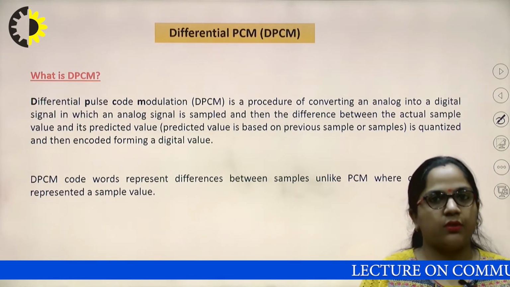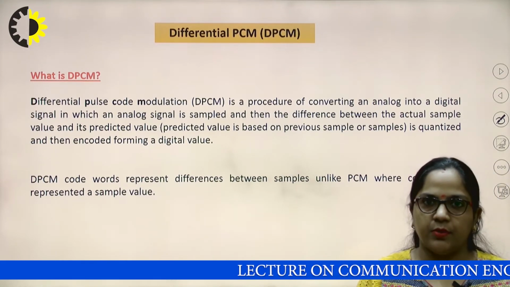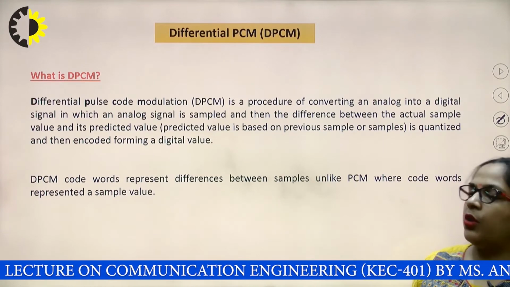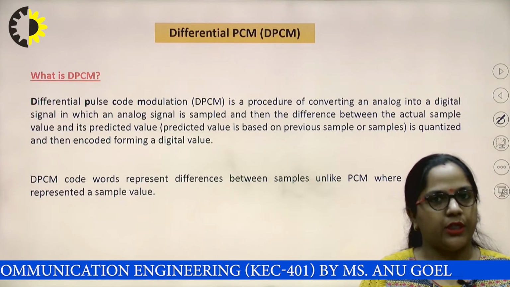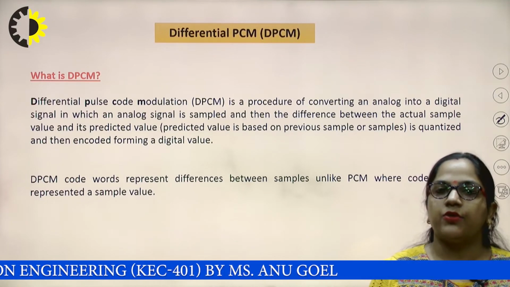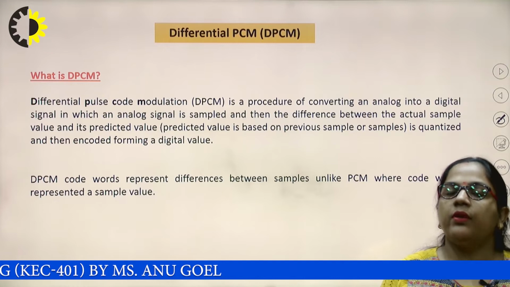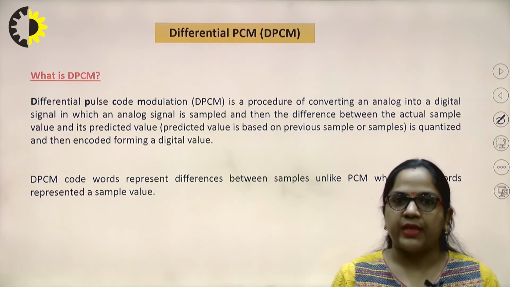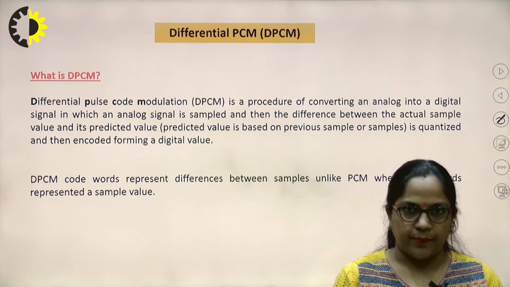DPCM stands for Differential Pulse Code Modulation. We can say it is a kind of modification of pulse code modulation technique. What we were doing in the case of pulse code modulation, we were converting analog signal into a digital signal with the help of sampling, quantization and encoding.